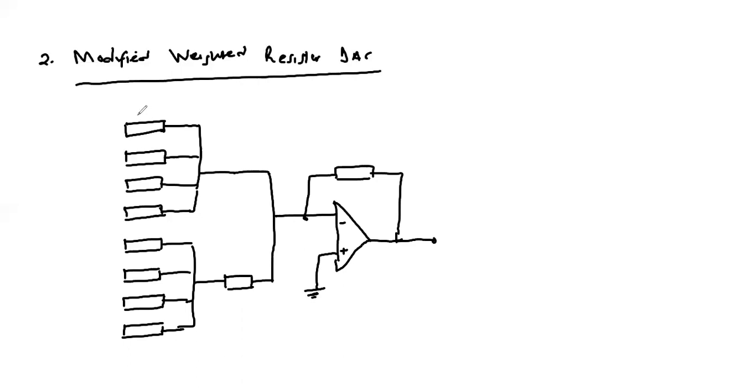So these resistors maintain the same ratios, R, 2R, 4R, and 8R. We also maintain the same ratio, R, 2R, 4R, and 8R. So this resistor is also R. And then we connect the second set of the 4 resistors to a resistor small r, and these are our 8 bits.